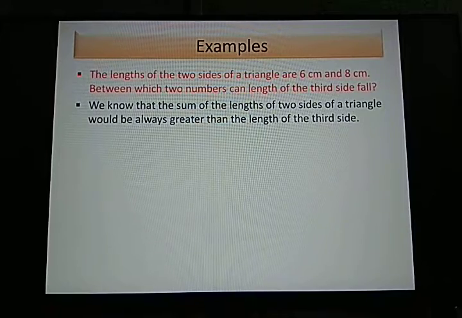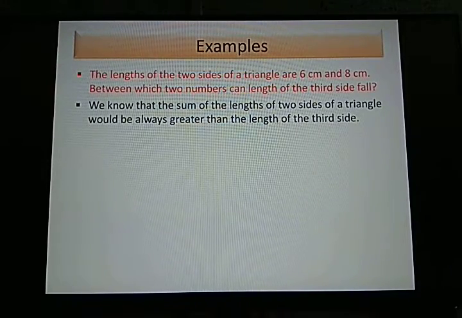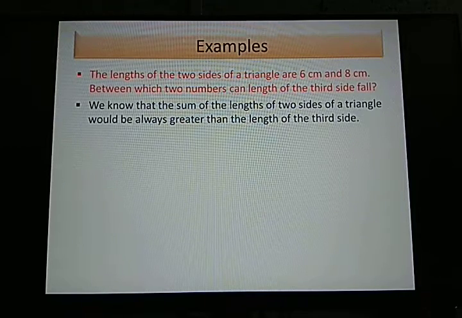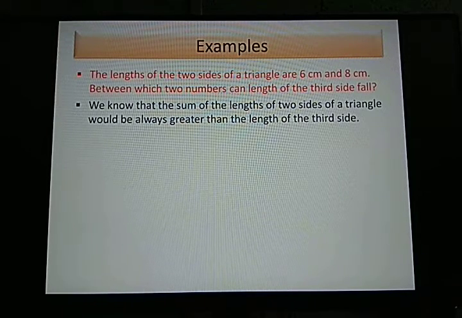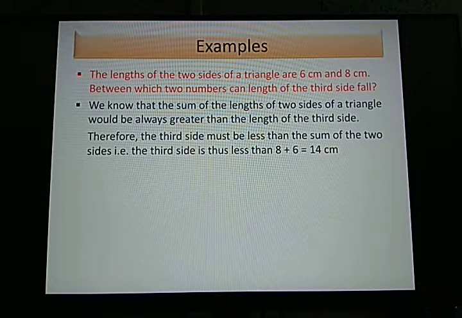Now we know that the sum of the lengths of the two sides of a triangle would always be greater than the length of the third side. Just now we have learned it. So in that case, what will happen? Therefore, the third side must be less than the sum of the two sides. Yes, that's definitely correct.